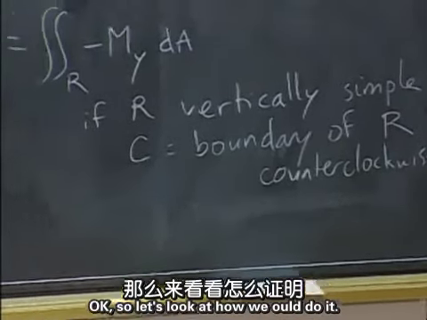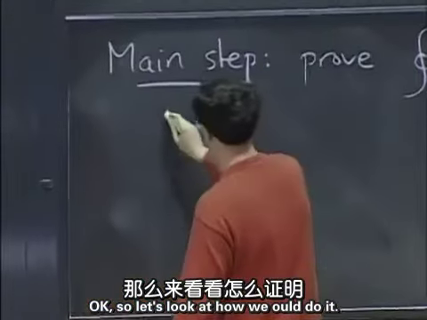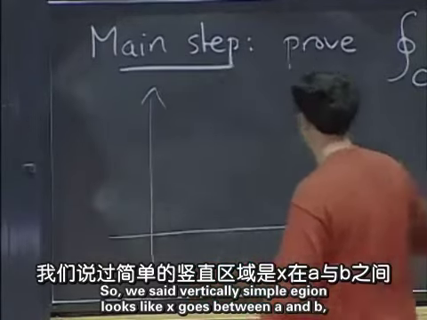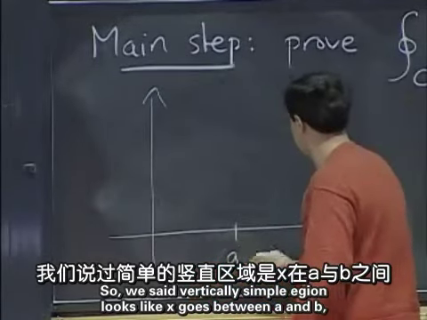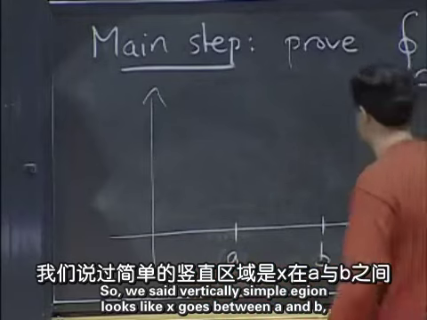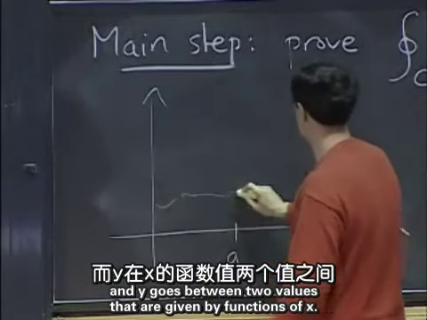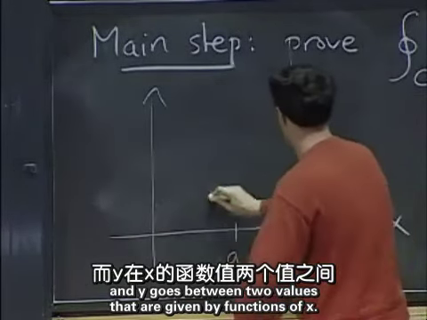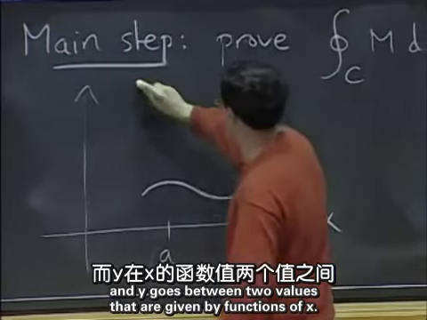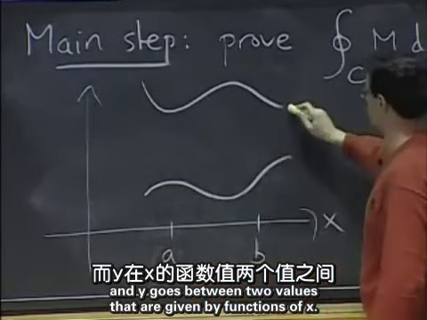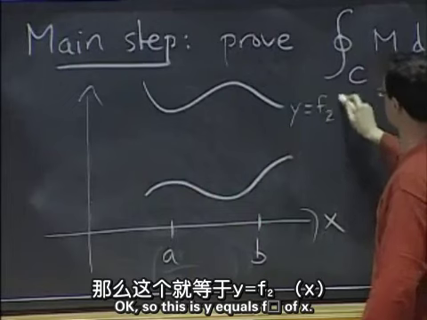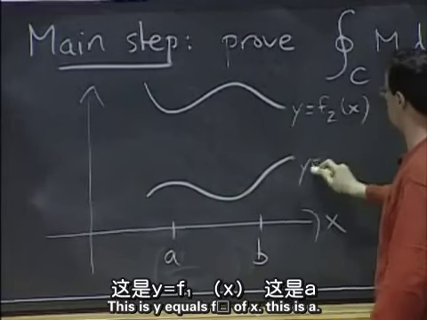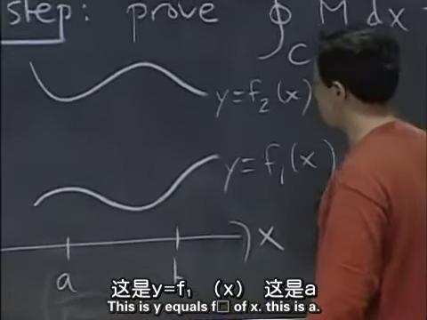Okay, so let's look at how we would do it. So we said a vertically simple region looks like x goes between A and B, and y goes between two values that are given by functions of x. Okay, so this is y equals f2 of x. This is y equals f1 of x.